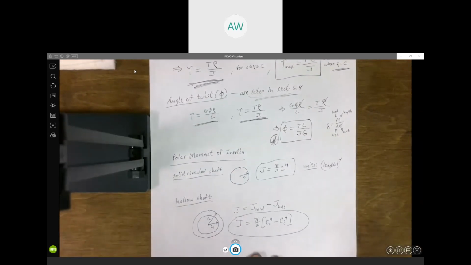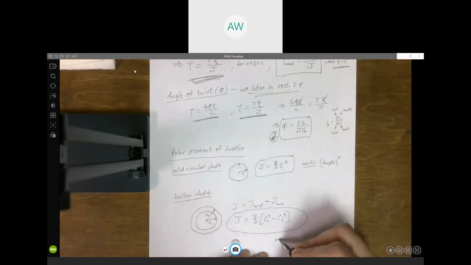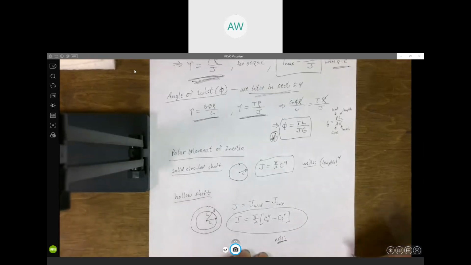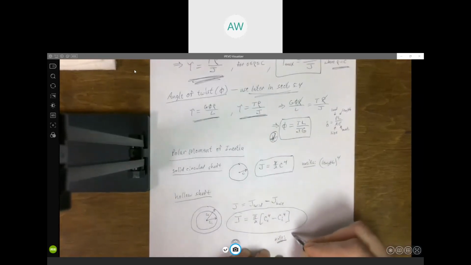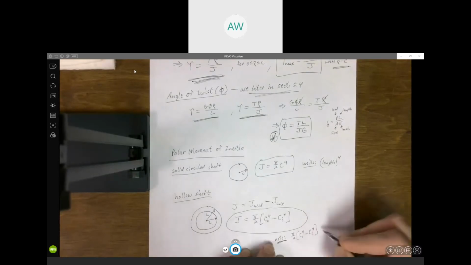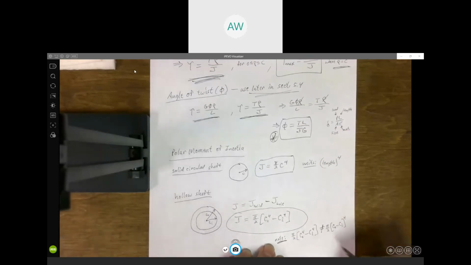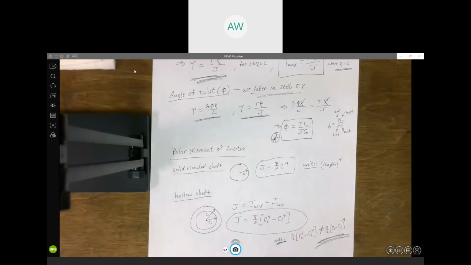Now, one thing I'm going to point out here, because I see way too many students do this, and this goes back to bad math. Pi over 2 times the outer radius to the 4th minus the inner radius to the 4th is not the same thing as pi over 2 times the outer radius minus the inner radius, that quantity to the fourth power. If I had $1 every time I saw a student do that, I'd be rich and retired right now.